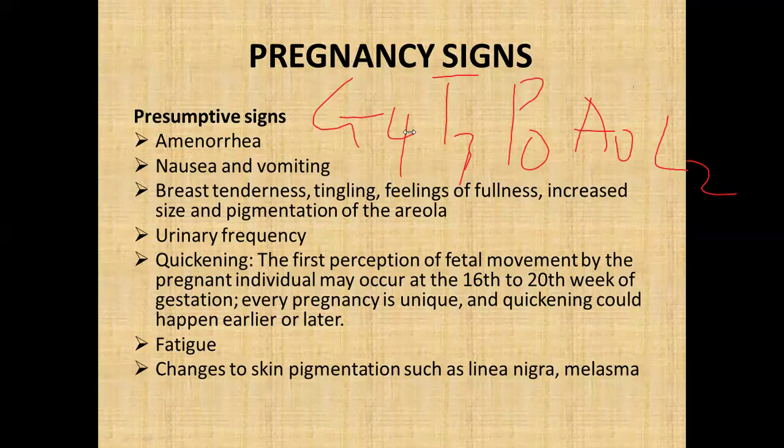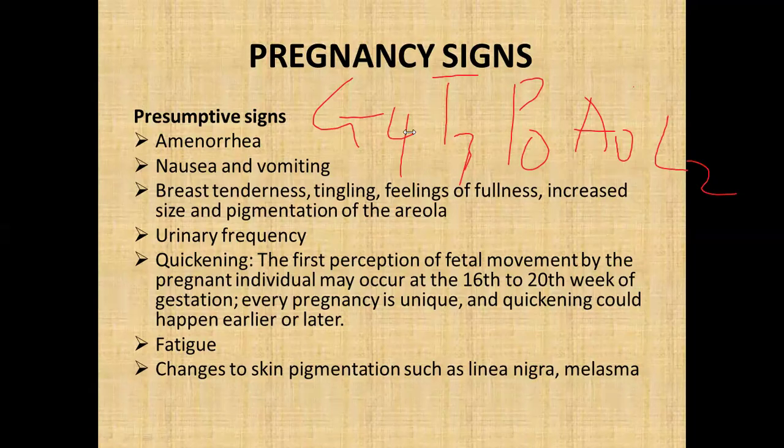So what this means is that this individual has had four pregnancies, including the current pregnancy. And then out of these four pregnancies, the person had the previous three pregnancies carried beyond 37 weeks of gestation. It means that this woman had delivered all the previous three after 37 weeks, which was at term gestation.